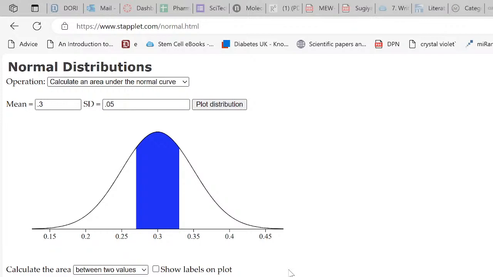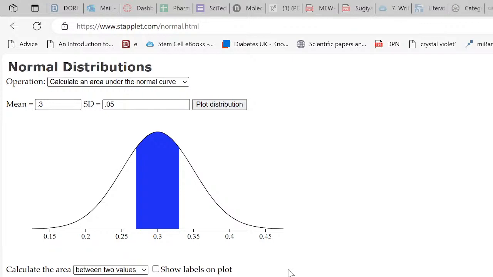Oh yeah, between two values. 0.27 and 0.33. And calculated that area. Yeah, it located 0.27 and 0.33 and it's shaded in the middle. And that area is 0.4515.